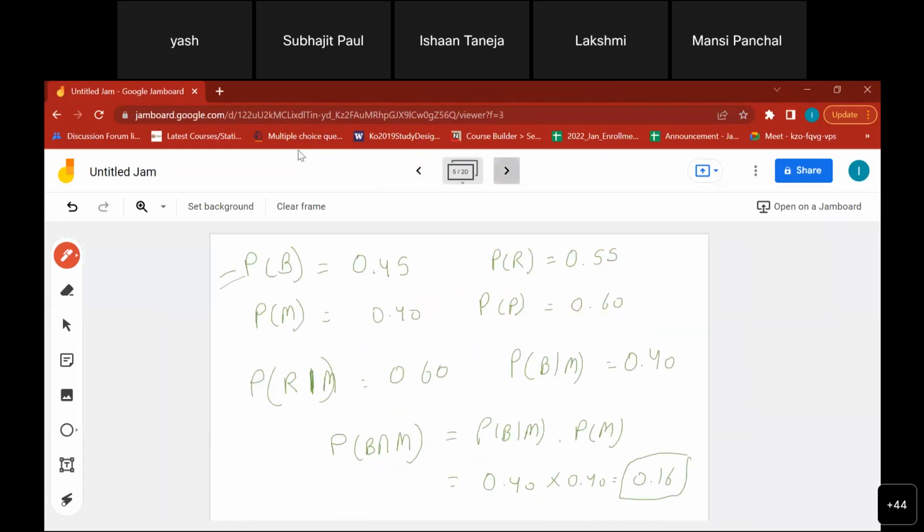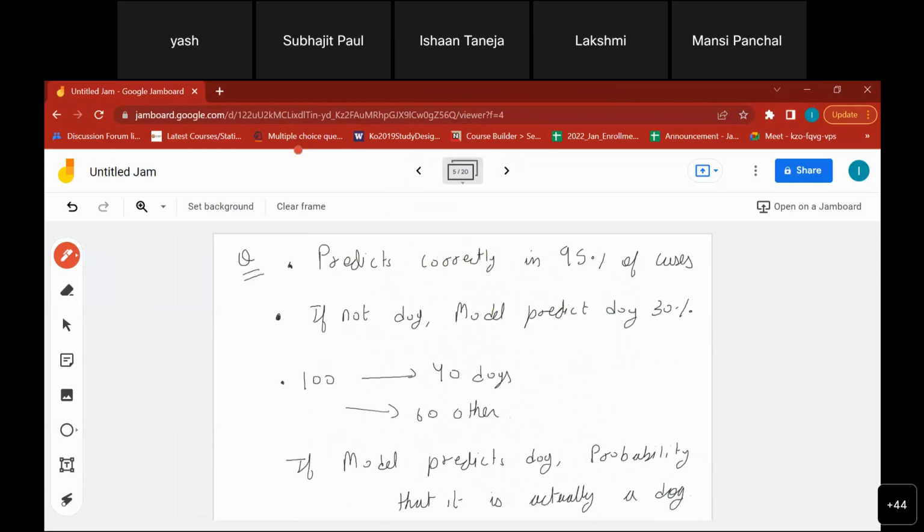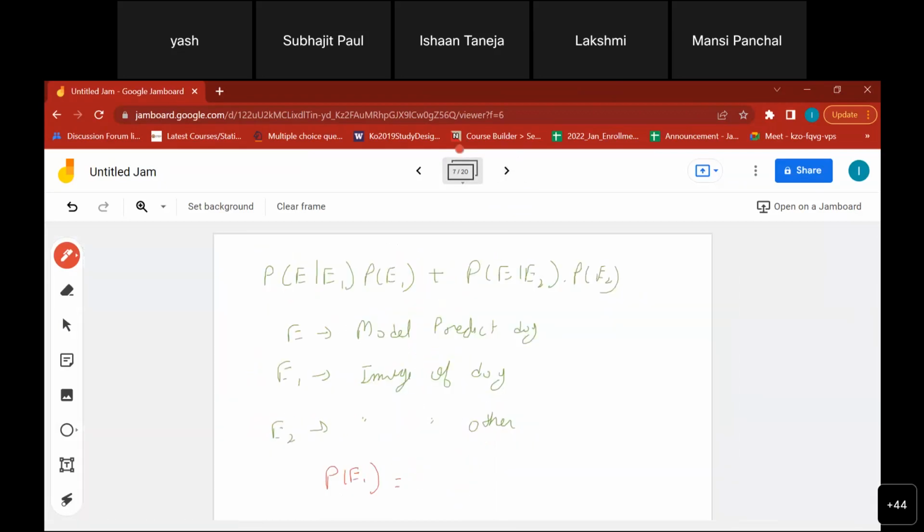From the question, can you identify the probability of E1? 0.4. 0.4, because of these 100 images, 40 are of dogs, right? So the probability of an image of a dog is 40 by 100 or 0.4. The probability of E2 is 60 by 100, right? Are you guys getting this or any doubt till now? Anyone, any doubt?